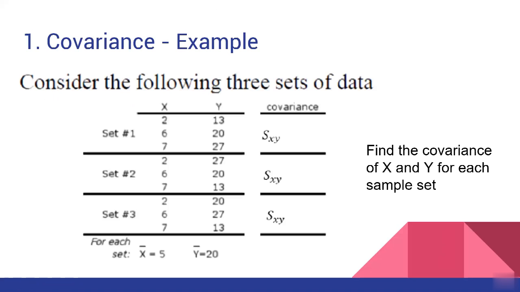All right. Remember to calculate the covariance, first of all, we need to make clear if this is a sample data or population data. So here it already says each sample data. So this means these are sample. So we'll use a sample covariance.